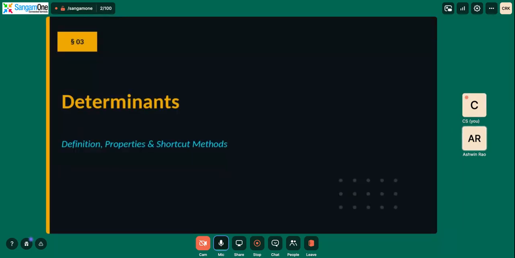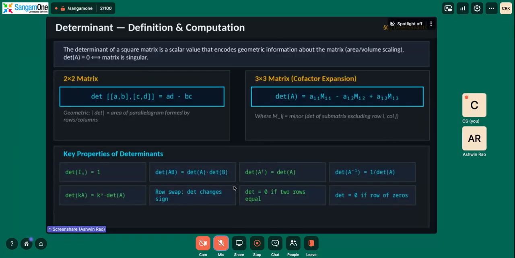Moving on to determinants. So the determinant represents area or volume scaling. For a square matrix, it is a scalar value that encodes geometric information about the matrix.